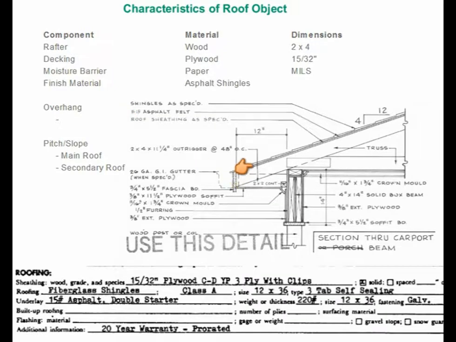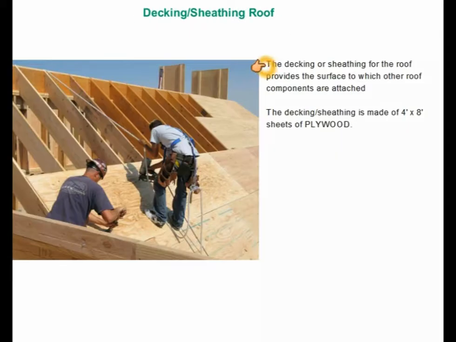The sheathing is attached to the 2x4 rafter for the roof. The sheathing or the decking for the roof provides the surface to which other roof components are attached. The sheathing or the decking is made of 4 foot wide by 8 foot long sheets of plywood.